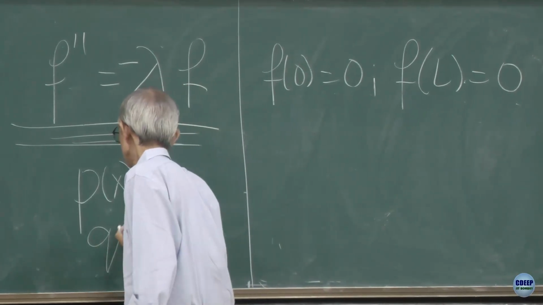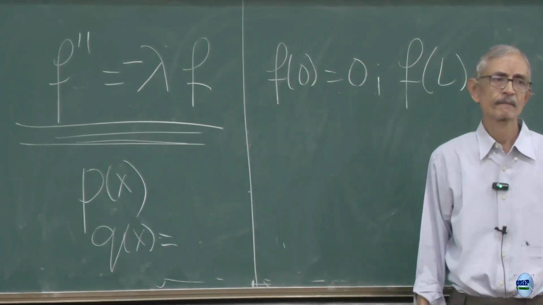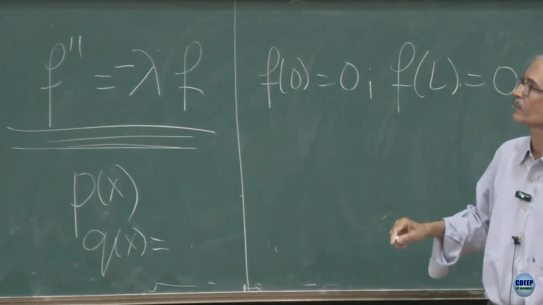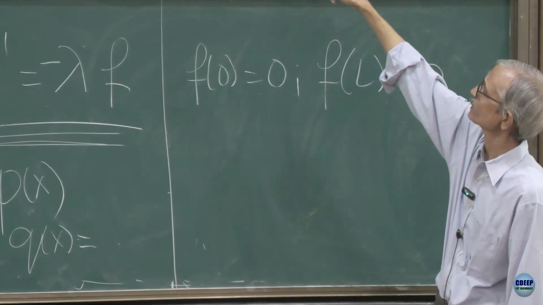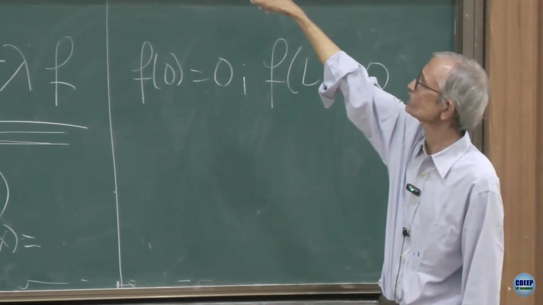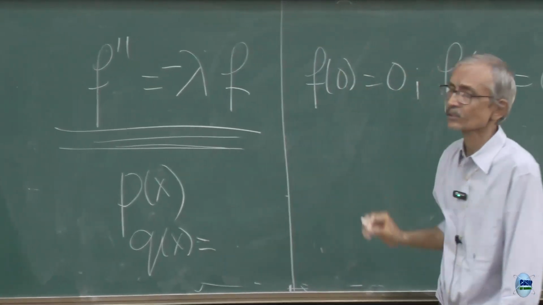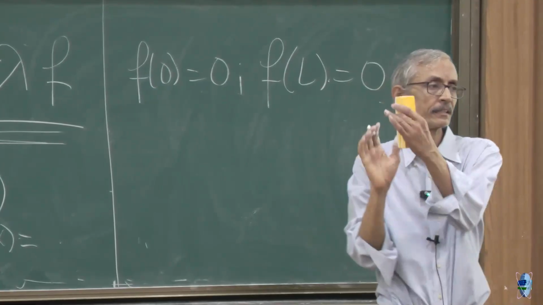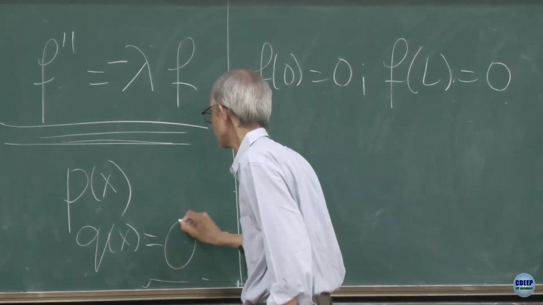What is q? Q is right there, lambda on the right hand side. Which means q is not there, right? There is no term which has got an f on the left hand side. So q is going to be equal to 0.